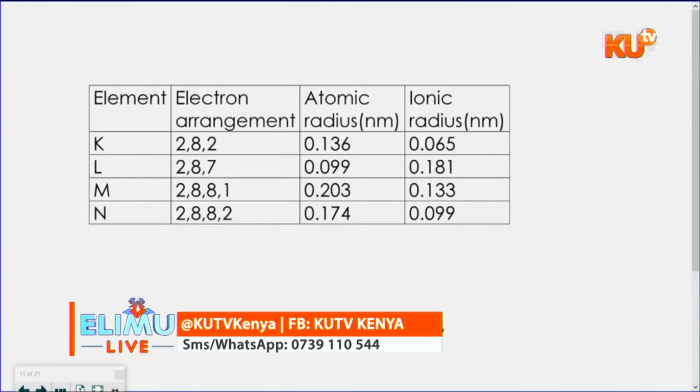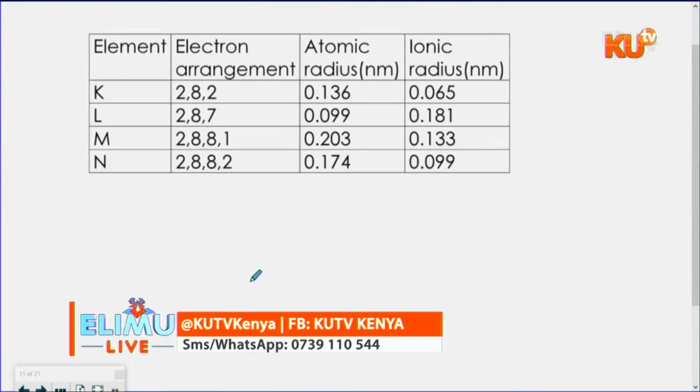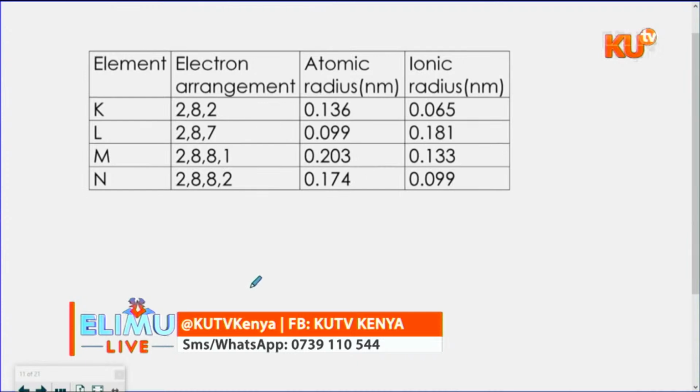Here they don't give you the number of protons, electrons or neutrons. What they have given you is electron arrangement, atomic radius, and ionic radius. Atomic radius is the radius of the atom, while ionic radius is the radius of the ion.